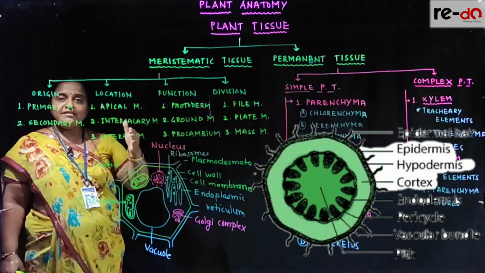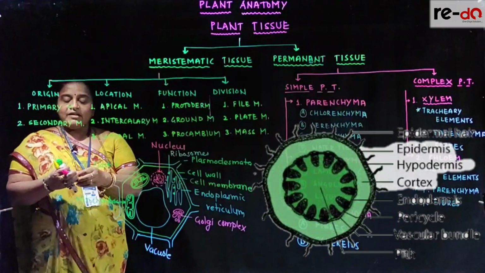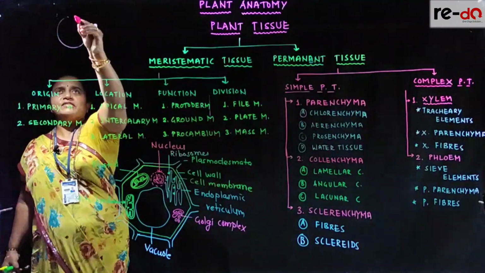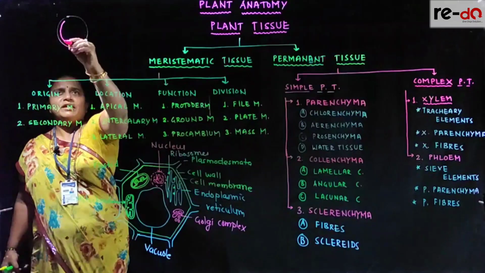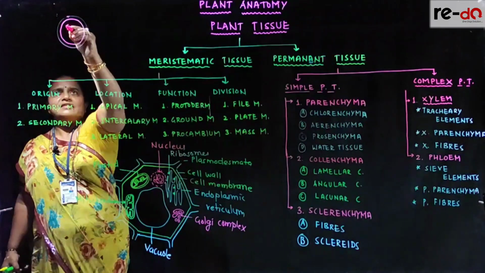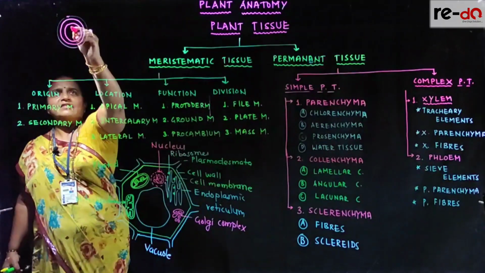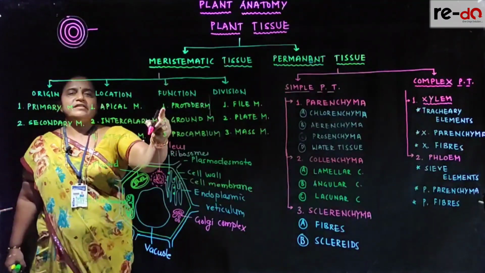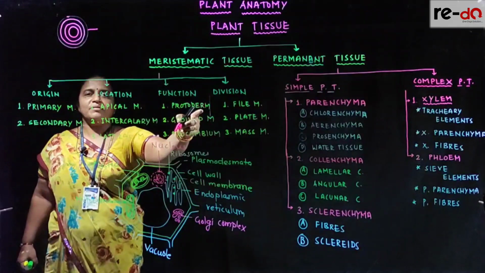So these are different layers within the plant body. So considering this as epidermis in transverse section, then this will become hypodermis, then this will become cortex, and this will become stele. So the outermost protective layer is differentiated from protoderm.